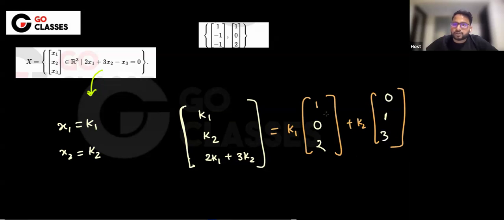Sorry, 0, 1, 3 and 1, 0, 2. Is this fine? Let me know. Maybe you can see something from here. By the way, till this point it is fine, and then we will be proceeding further.